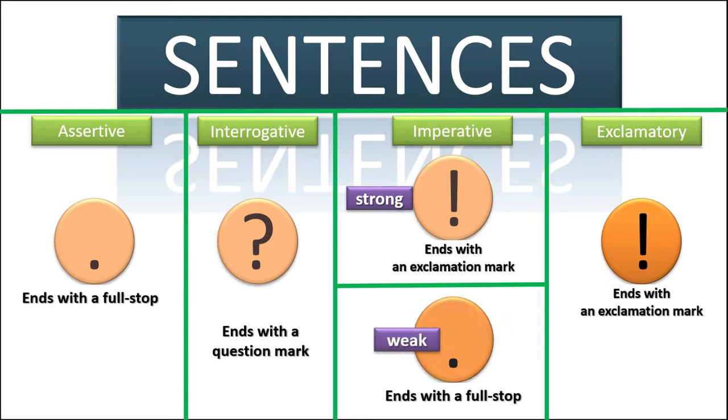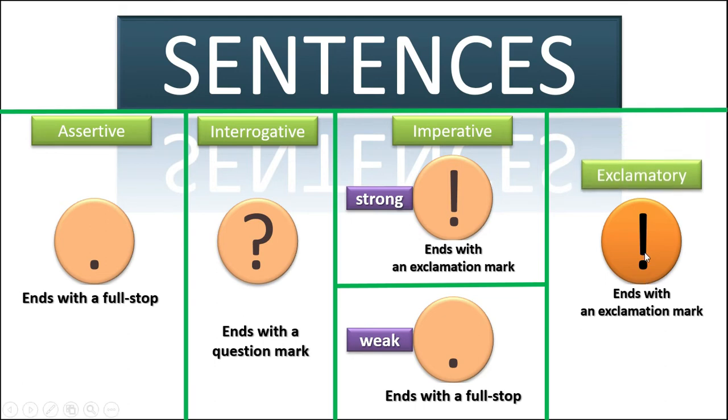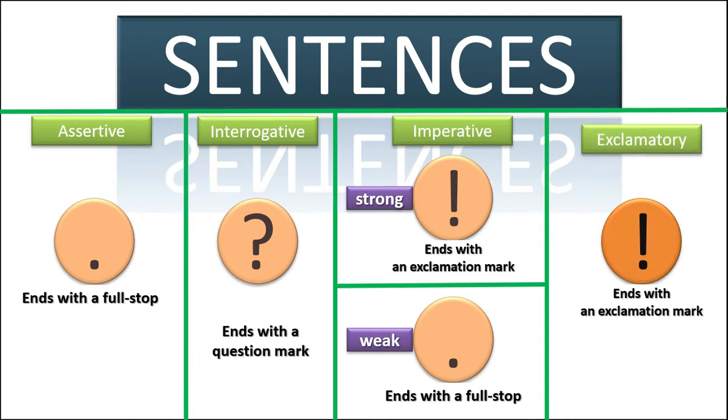A weak or mild imperative sentence takes a full stop at the end. And now let's look at the fourth type, that is exclamatory sentence. Now exclamatory sentence has an exclamation mark at the end. These sentences are like, how beautiful the sunset is, how tall the boy is. What an amazing scene. So these are exclamatory sentences.